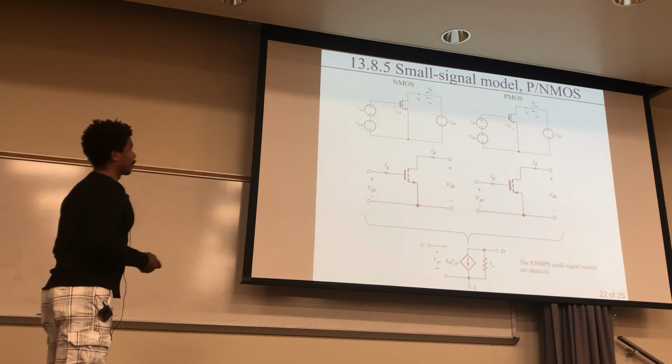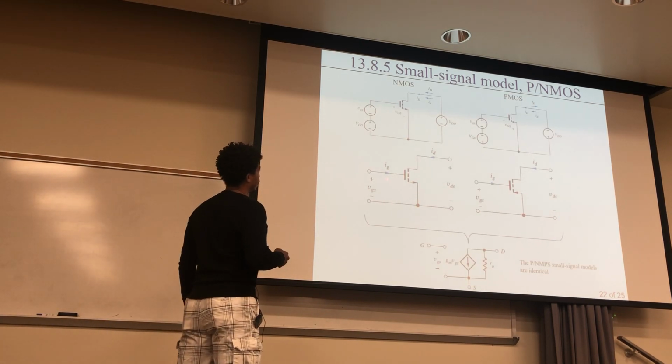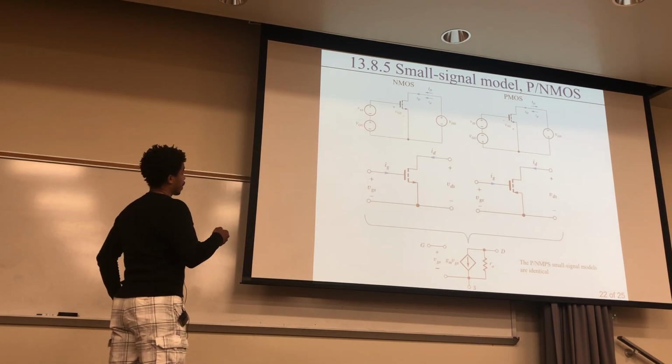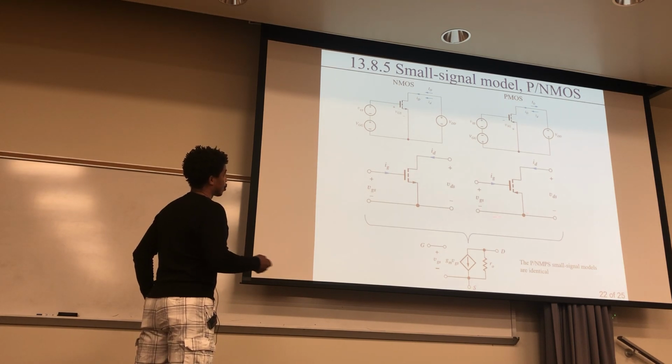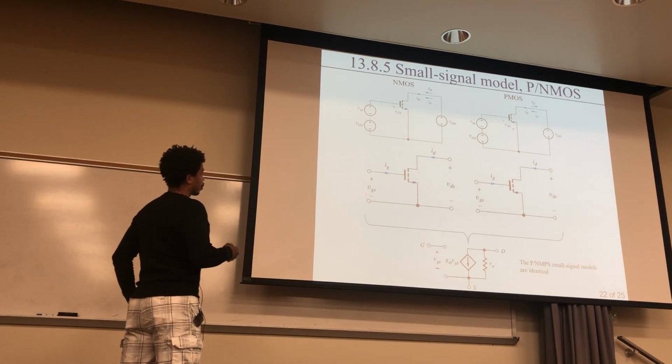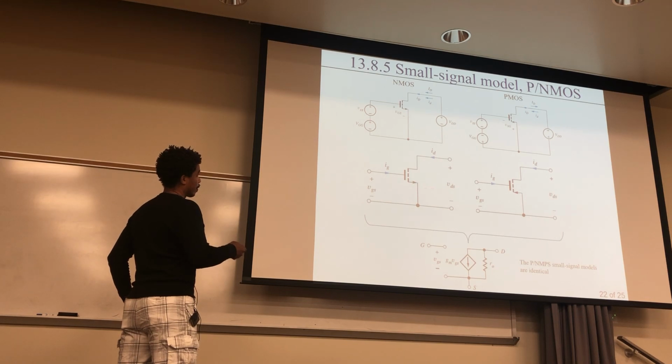And so you can look at this right here, which shows the small signal plus the large DC. But this right here is your small signal version of it, where you're just looking at small AC signals everywhere.